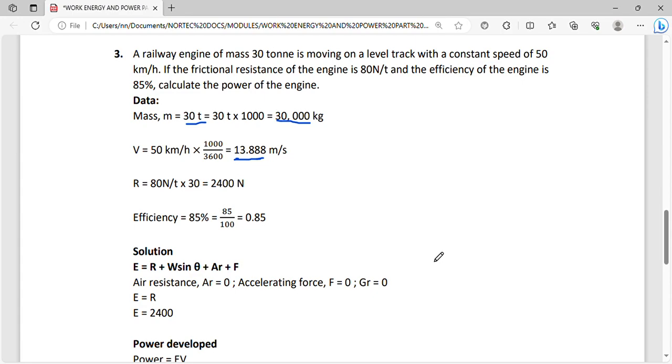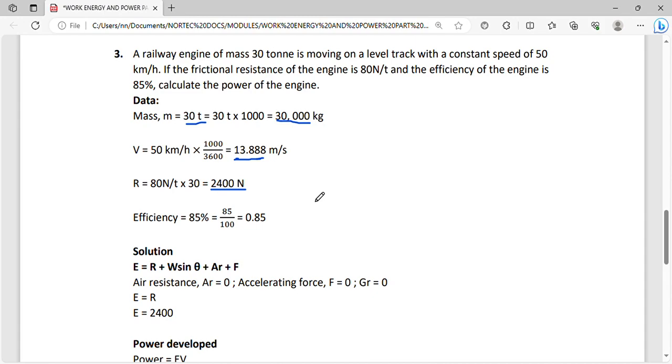The other one that we need to fish out is the frictional resistance, the one we're calling R. We were told it's 80 newtons per ton and the total tonnage is 30. So all we do is multiply the 80 by 30 to get rid of the tons and we get R. When you multiply 80 by 30, it's like 8 times 3 is 24. Then we put the 2 zeros. So it should give us 2400 newtons. So that becomes our rolling resistance.